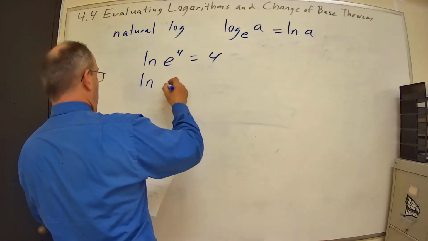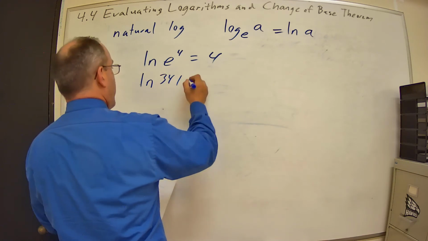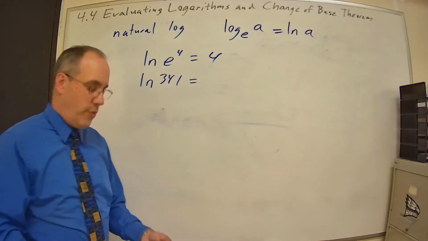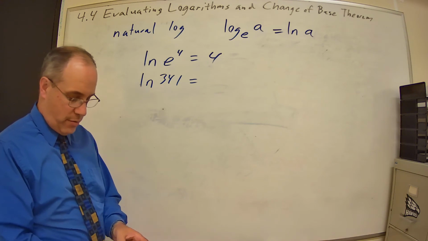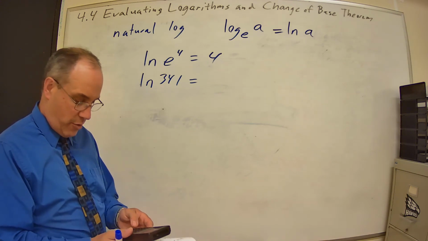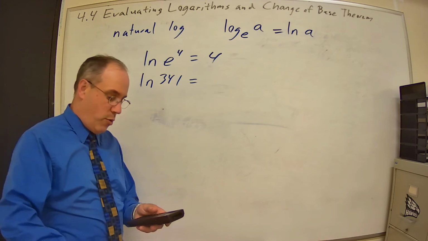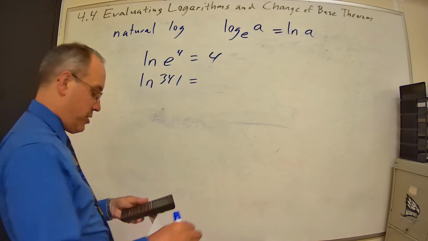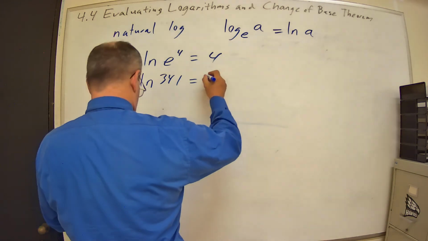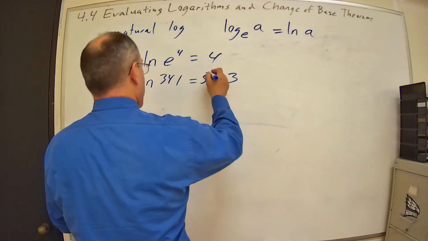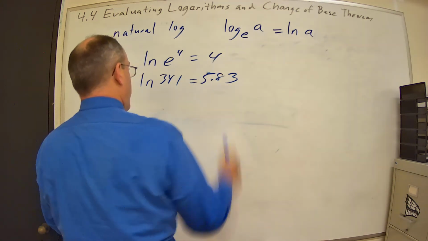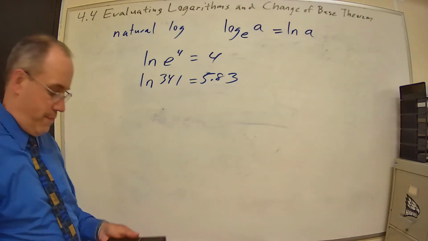Natural log of 341. So if we plug that in here, 341, natural log, 5.83188247728. So approximately 5.83.